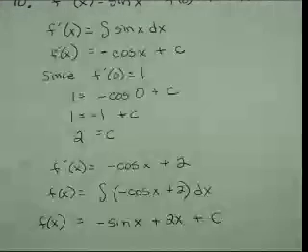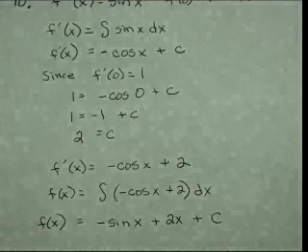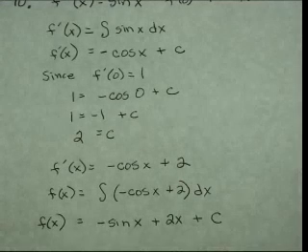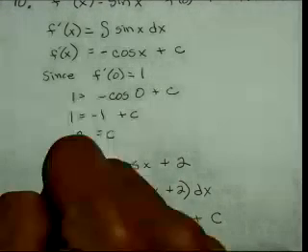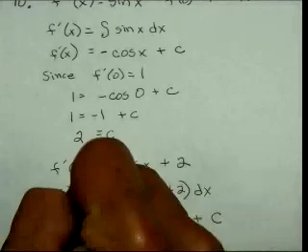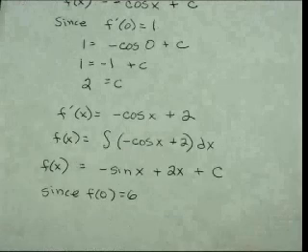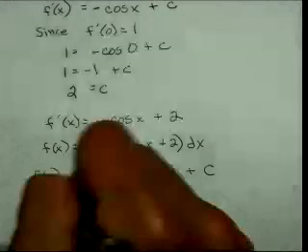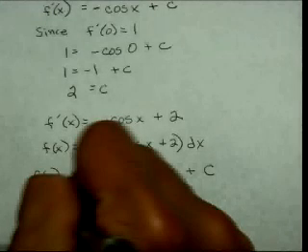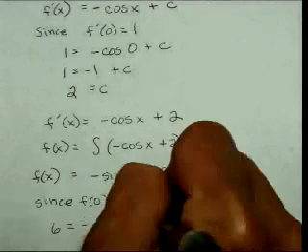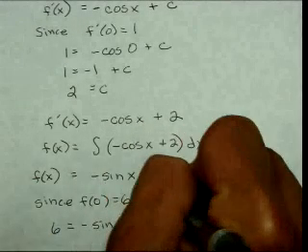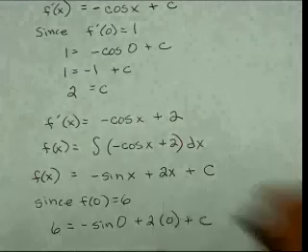That's a general solution, but we want the specific solution. And to get the specific solution, we need to say, since f of 0 equals 6, I can just let x be 0 and solve for that constant.